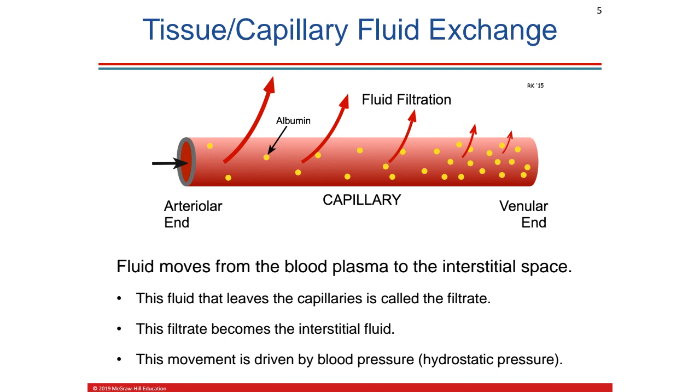The reason for that is that the blood pressure, or hydrostatic pressure, decreases as you move through the capillary. There are two reasons for this. One is simply the fact that the capillary has resistance to flow. As the fluid moves through a capillary, there's friction between the moving fluid and the walls of the capillary that generates heat. So there's loss of this pressure, which can be thought of as a potential energy.